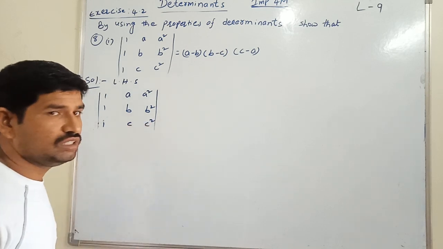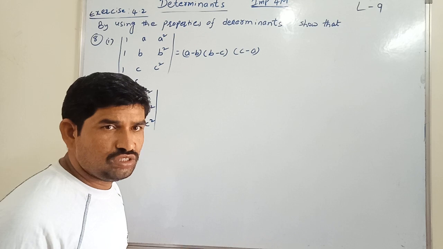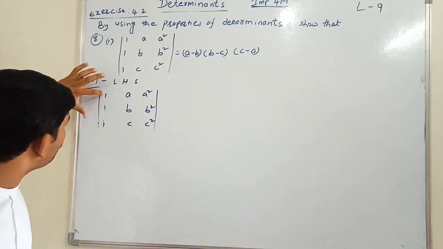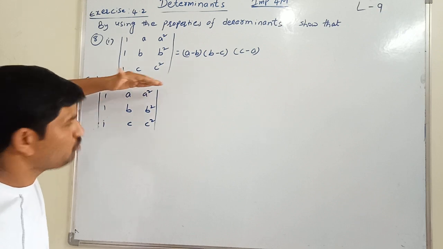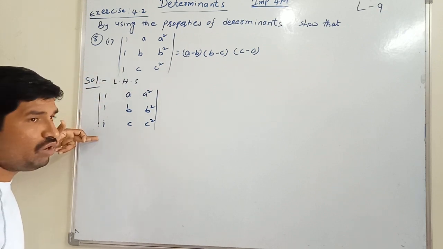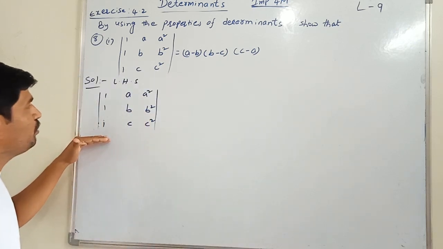This is the LHS. If you are going to continue determinant questions, first remember that if the first column or first row has all elements 1, 1, 1, then definitely we are going to use the row operation only.